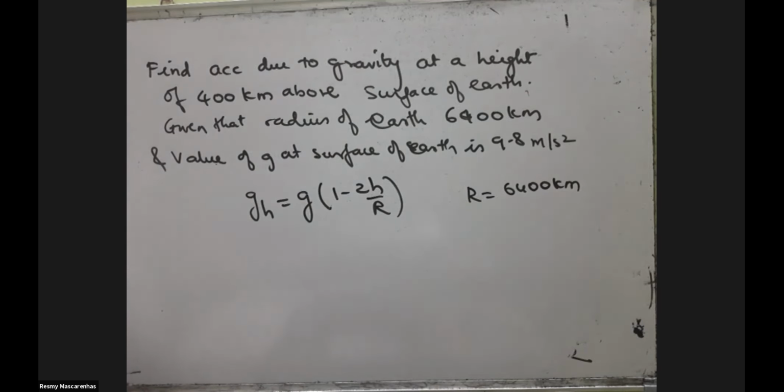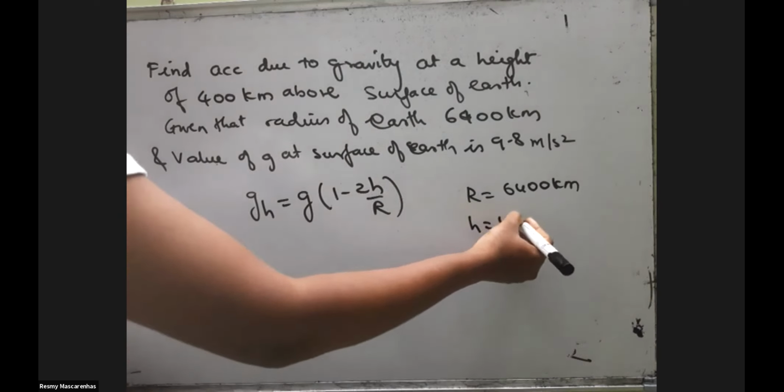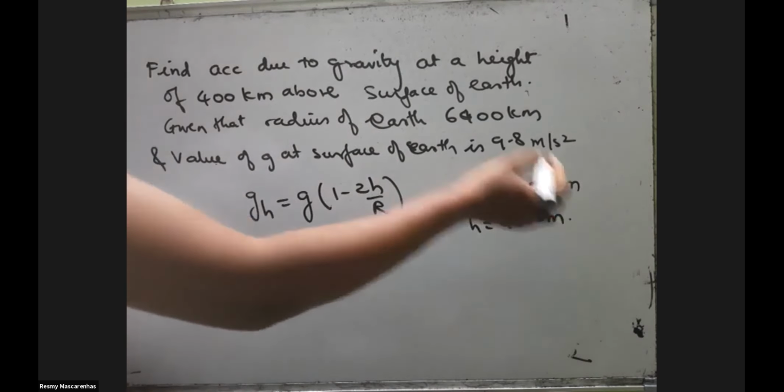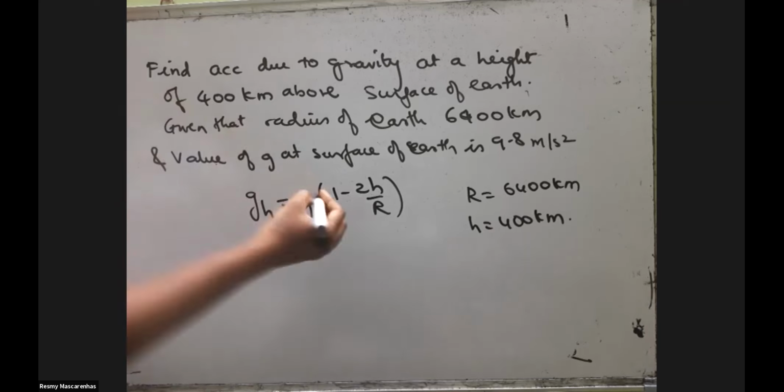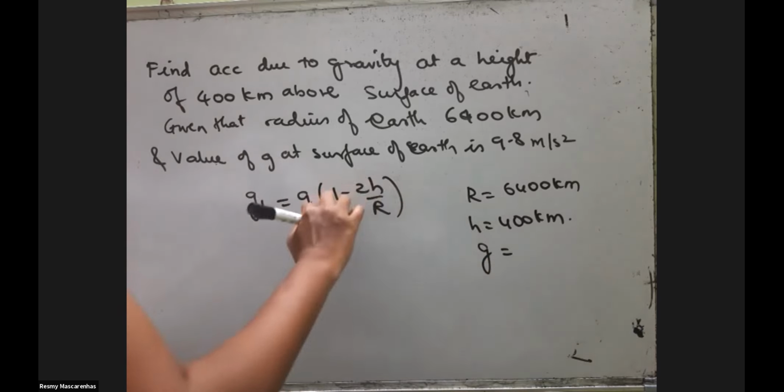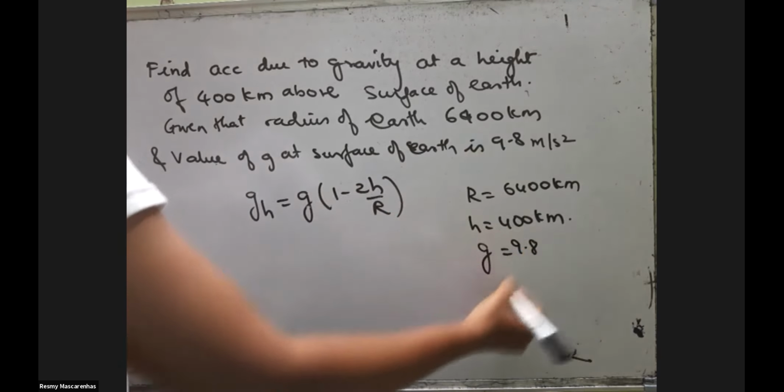Height is 400 kilometers. And what else has been given? g is given. At the surface it is 9.8, and at height we have to calculate.